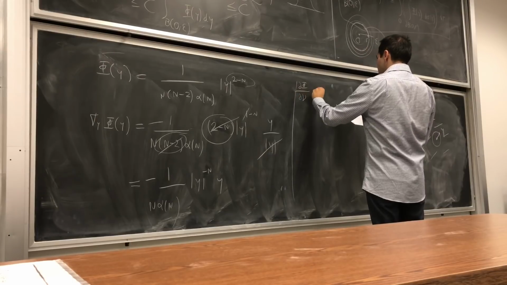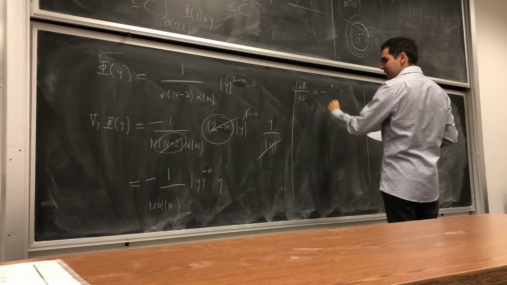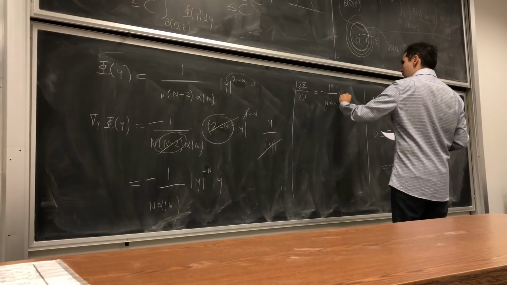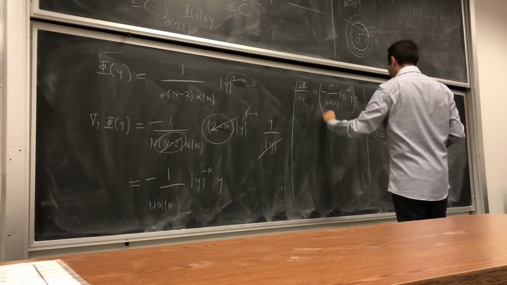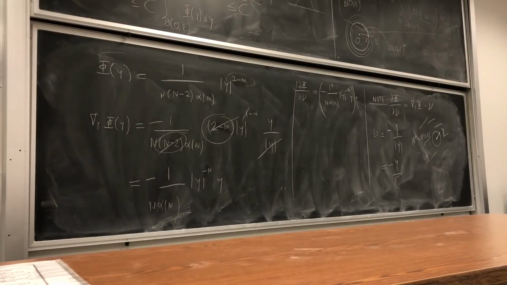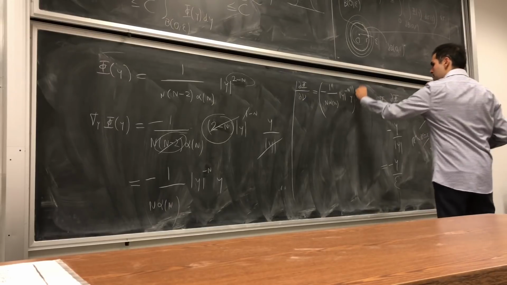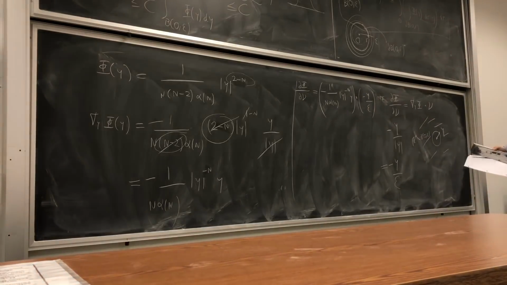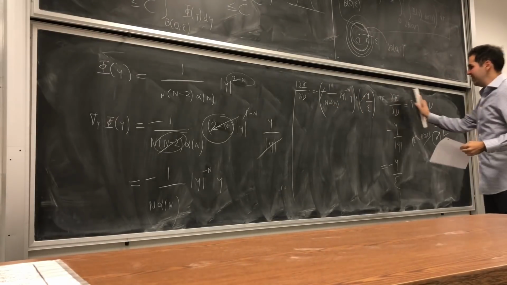d phi over d nu equals, okay, so our gradient, so minus 1 over n alpha n, absolute value of y to the n times y, dotted with minus y over epsilon. Now, the minus signs, in case you were worried, they cancel out.